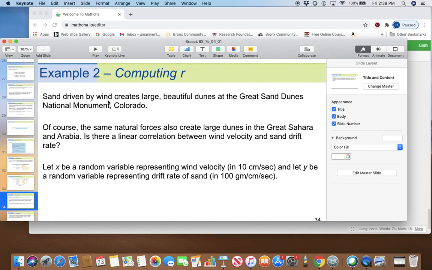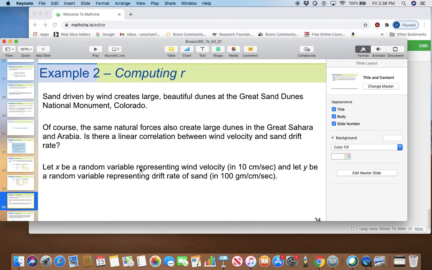Sand driven by wind creates large, beautiful dunes at the Great Sand Dunes National Monument, Colorado. Of course, the same natural forces also create large dunes in the Great Sahara and Arabia. Is there a linear correlation between wind velocity and sand drift rate?